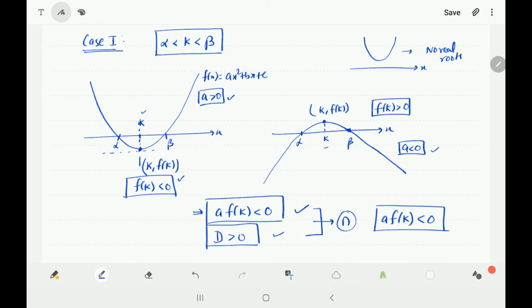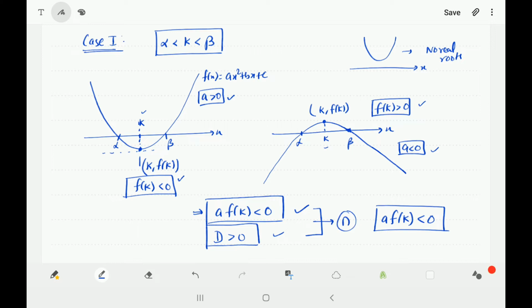In this case, a is less than 0 and f of k is positive. So the product of these two terms will give the same sign. So we wrote the condition a into f of k is less than 0, which appears to be a sufficient condition, or say necessary condition right now. When I checked, d is greater than 0 is also true for both the cases because both the roots are real and distinct.